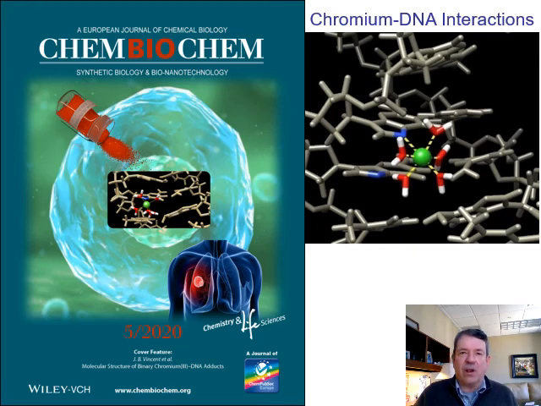And we are using NMR spectroscopy, working toward X-ray crystallography, and doing other spectroscopic experiments to characterize what the structures of these lesions look like, with the goal of understanding how chromium exhibits the effect that it does.